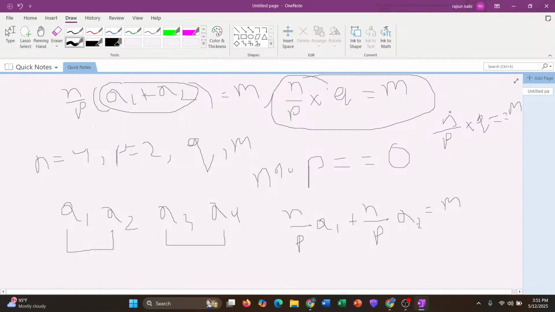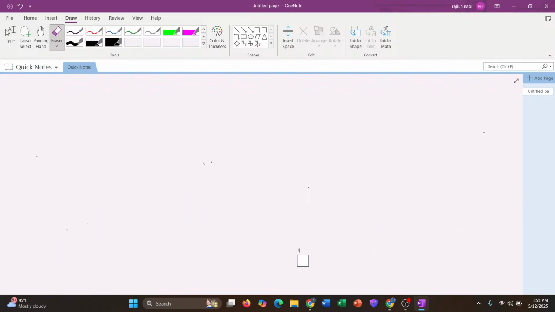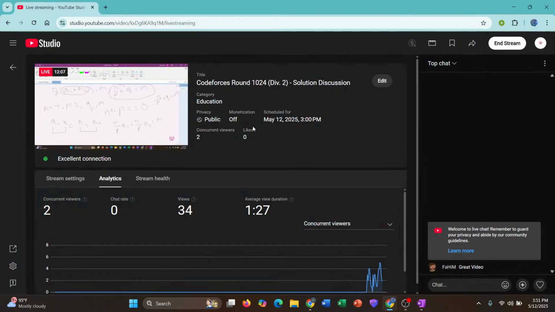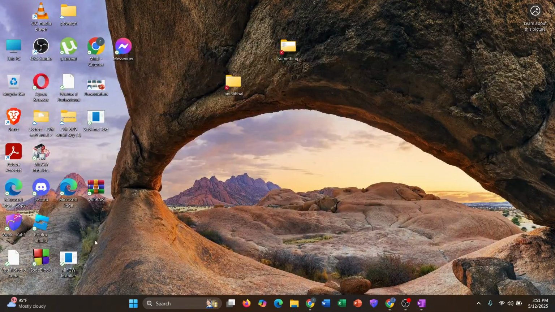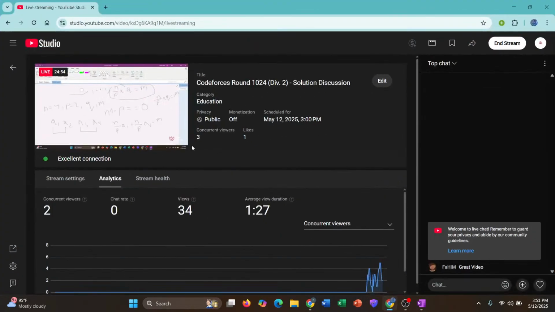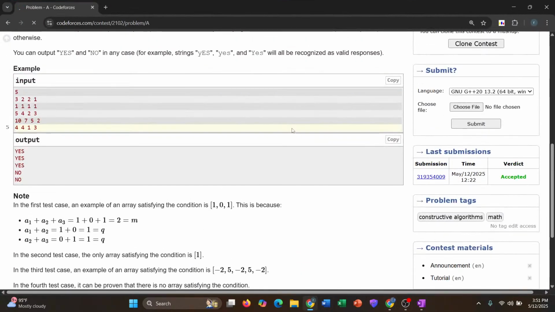Otherwise the answer does not exist in the first case. Okay, so I covered the two possible cases. So this is the solution. I hope you guys get it. Okay, fine. So what is the code? Oh, sorry. This is the code.